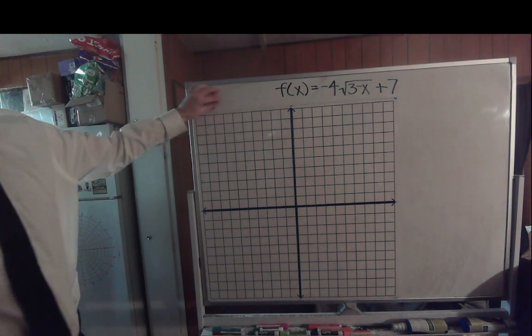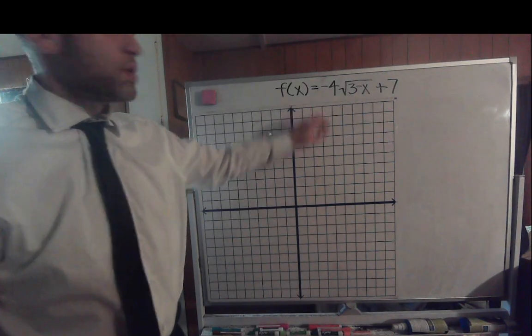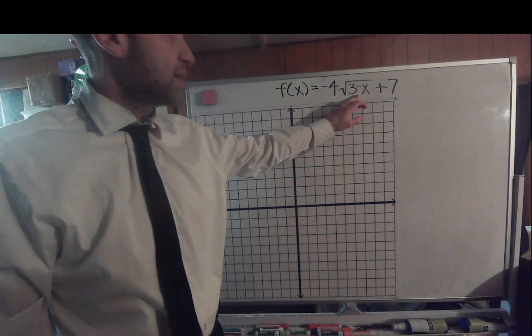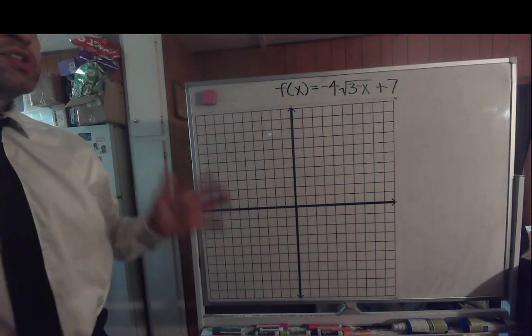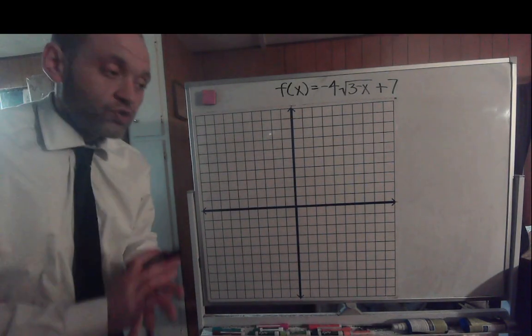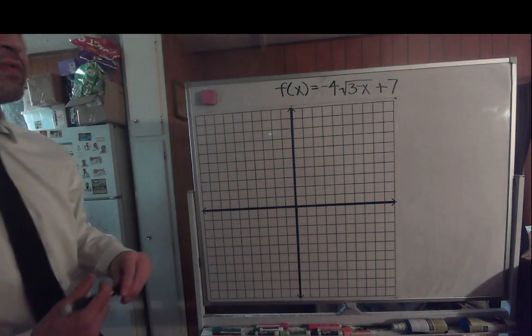Here's a fun one then. f of x equals negative 4 times the square root of 3 minus x, all that plus 7. So how does this vary from the original graph of f of x equals the square root of x?